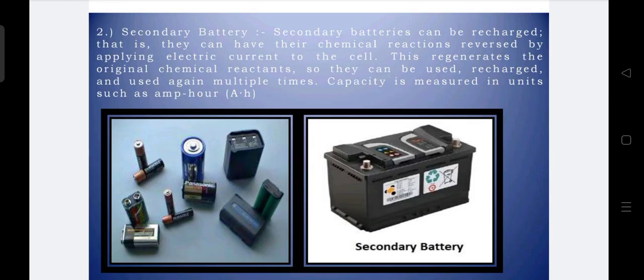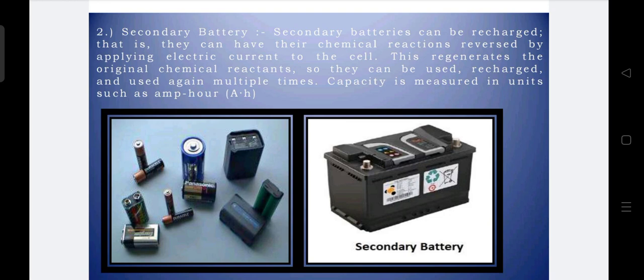Second, secondary battery. Secondary battery can be recharged. They can have their chemical energy reaction reversed by applying electric current to the cell. This regenerates the original chemical reactants, so they can be used, recharged, and used again multiple times.